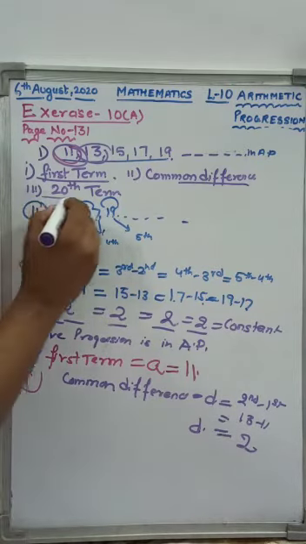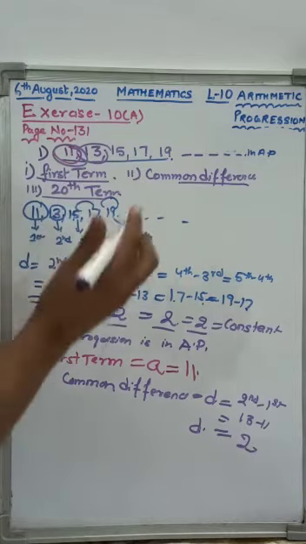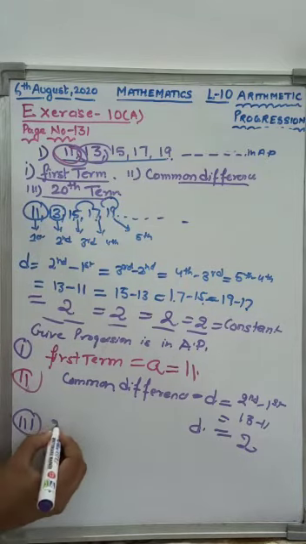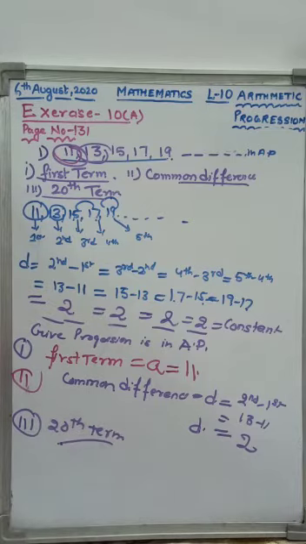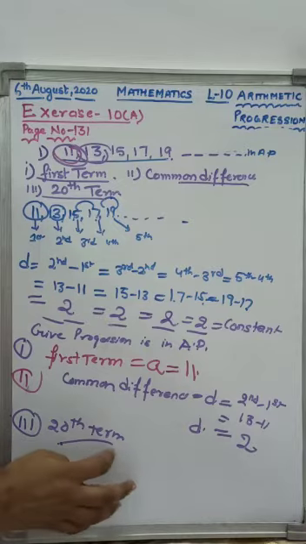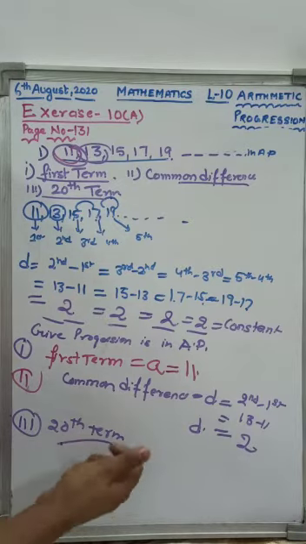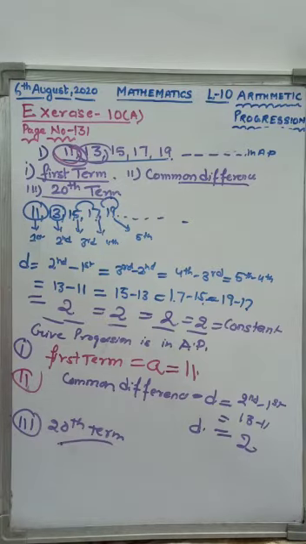Now third part, we have to find the 20th term. Now understand the meaning, I am telling you in Hindi so that it sits in your mind. 20th term का मतलब होता है 20वां नंबर कौन सा होगा. So what is the formula?